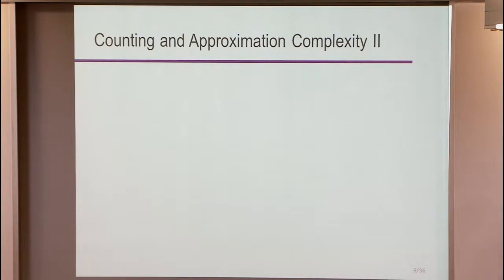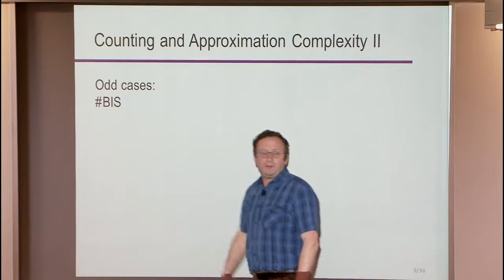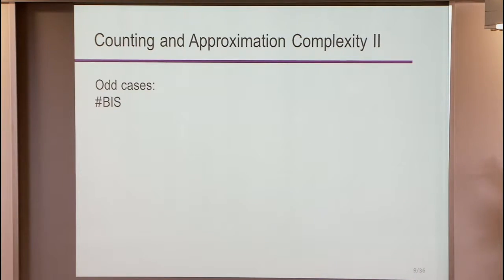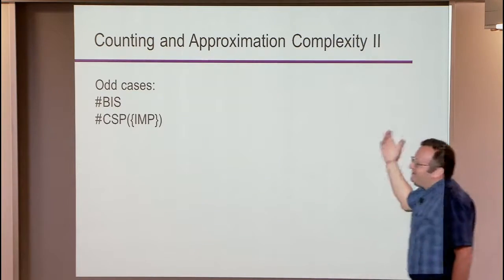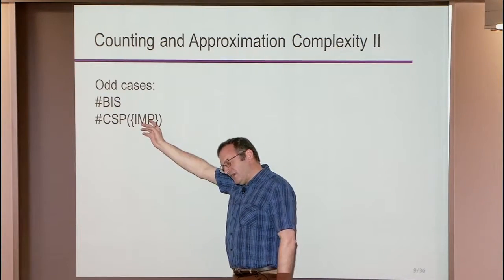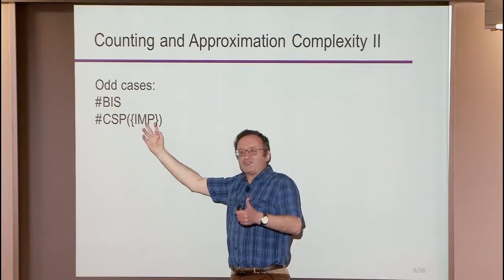Well, as we've heard, there are some odd cases. For instance, counting the number of independent sets in bipartite graphs probably doesn't belong to one of those. Equivalently, this is the number of solutions of CSP of the language which consists of one function, which is implication.